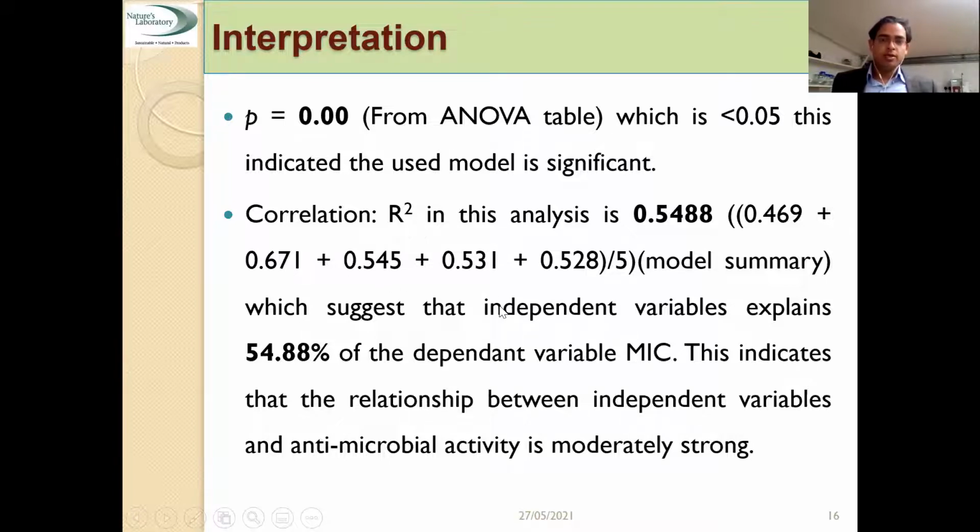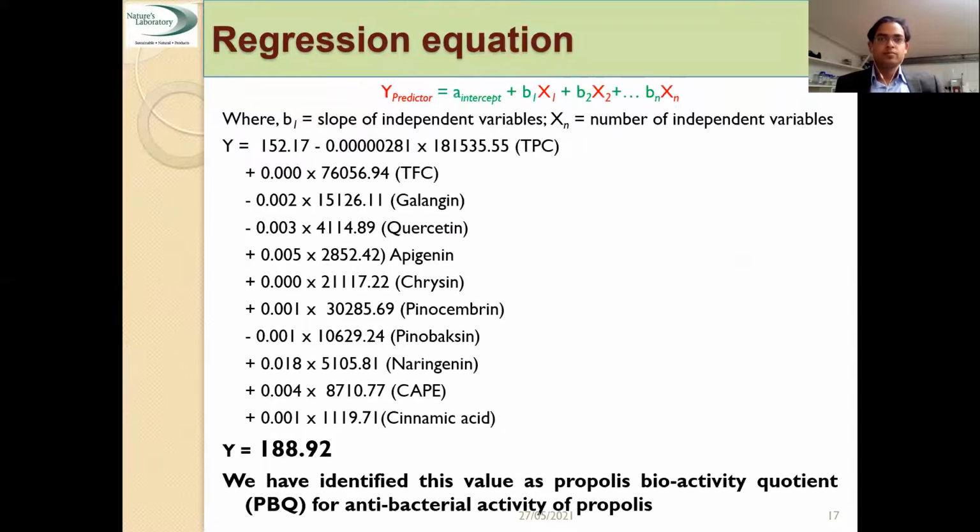Just say those chemicals and total phenol and flavonoid content put together into the equation can predict 54.88% of the dependent variable. So this suggests that the relationship between the individual chemicals, total phenol and flavonoid content, and the antimicrobial activity is moderately strong.